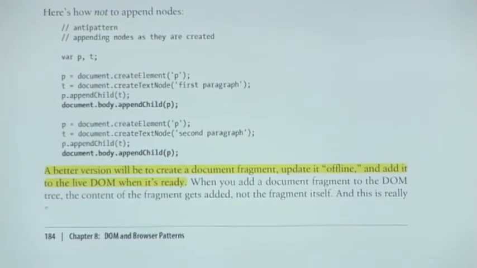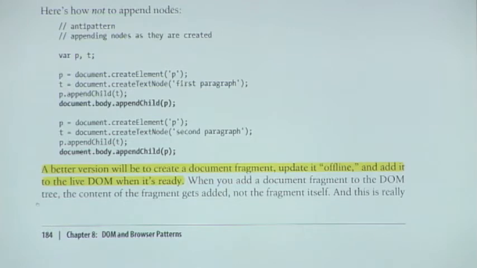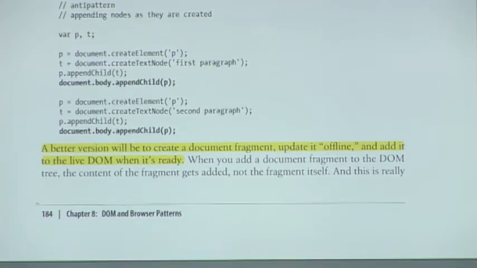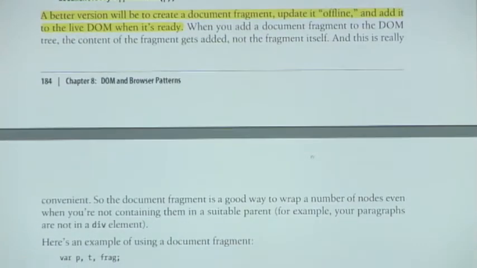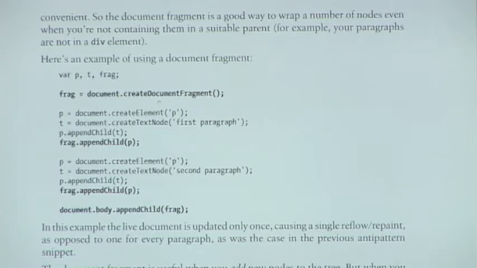So this idea of a document fragment versus a document element is all handled abstractly by jQuery. But when you add a document fragment, the content of the fragment gets added, not the fragment itself. So basically, you're creating a piece of a document that does not get put into the DOM until you actually append it.